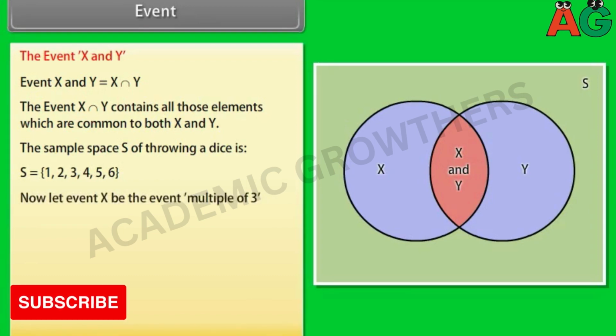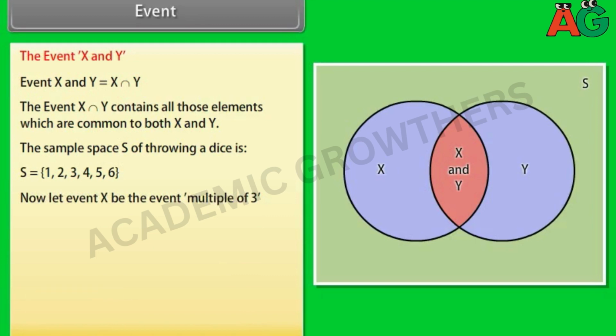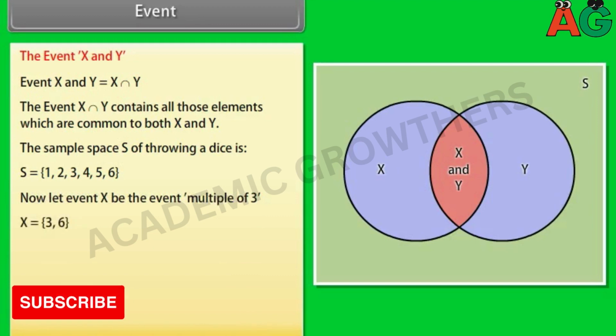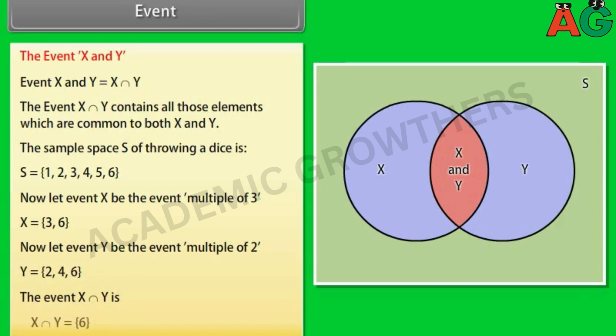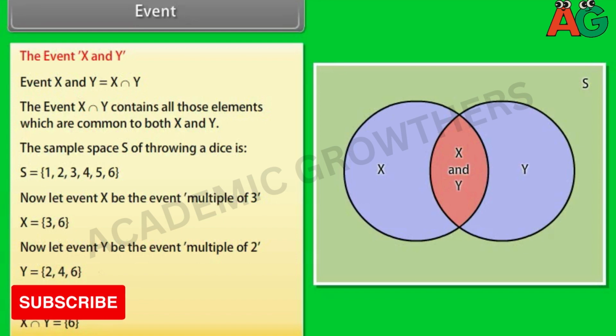Now let event X be the event multiple of 3. X is equal to {3, 6}. Now let event Y be the event multiple of 2. Y is equal to {2, 4, 6}. The event X intersection Y is equal to {6}.